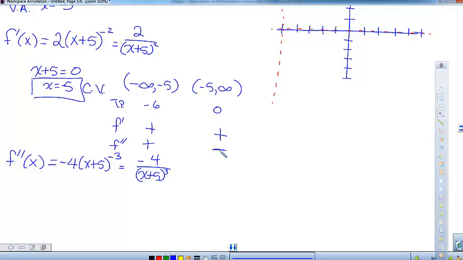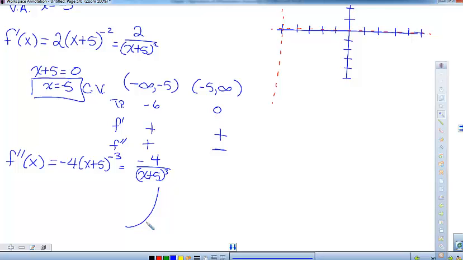What does that look like? Slope is positive and it's concave up. So that's what we'd expect from minus infinity to minus 5.